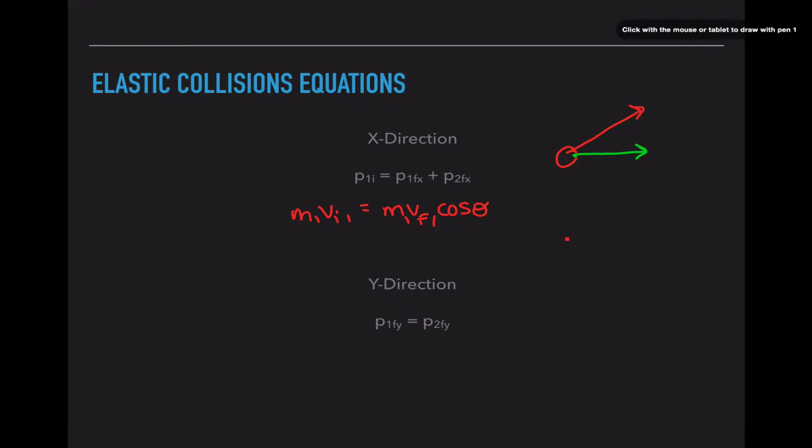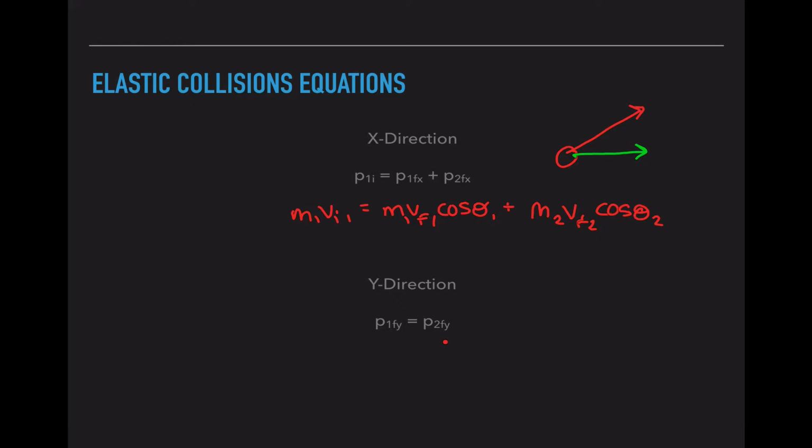The second billiard ball is the same way. We want m2 vf2 and cosine theta 2. So it's a long equation. It's kind of an ugly equation, but it's a really easy equation to use because every problem gives you all of this information.